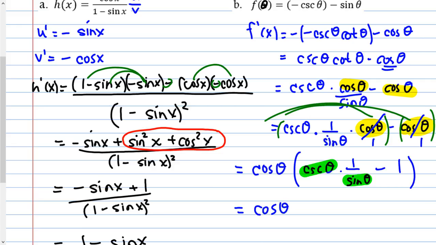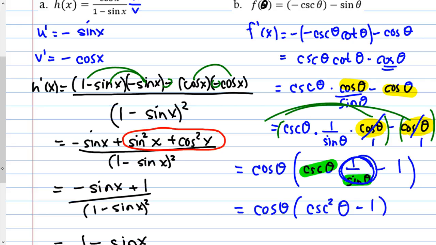Now these I'm going to join together. But instead of 1 over sine theta, I'm going to use cosecant theta. Okay, so again, this is cosecant theta, so I'm changing that out for cosecant theta. So now what I have is 2 cosecant thetas being multiplied, right? So cosecant squared, and then minus 1.